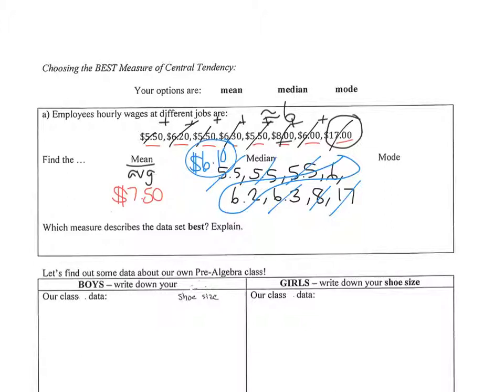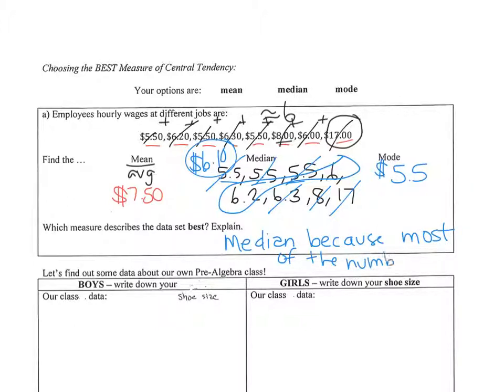That's our median. And the mode is the number that occurs most often. So 5.5 is repeated the most often. When we looked at the original numbers, we thought that almost everything was around 6. So I'm going to say that the median is the best because most of the numbers are about $6.